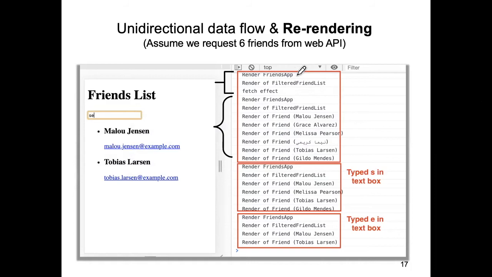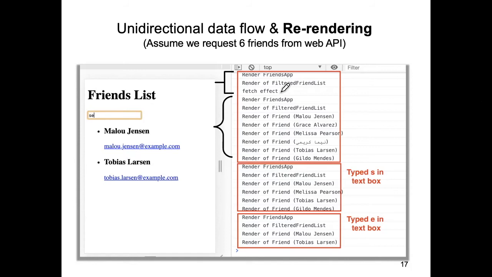We've got an empty array, but the filtered friends component, the middle one in the hierarchy, does receive an empty array. So it goes through its rendering process. Now it doesn't generate any friend component instances. So that's all right.